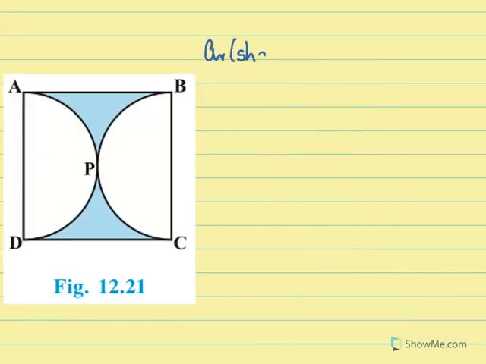So area of shaded region will be area of square minus area of semicircles.